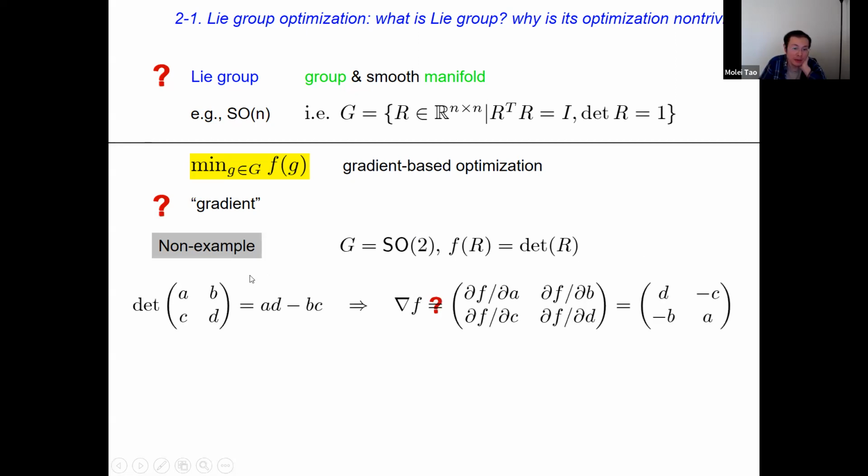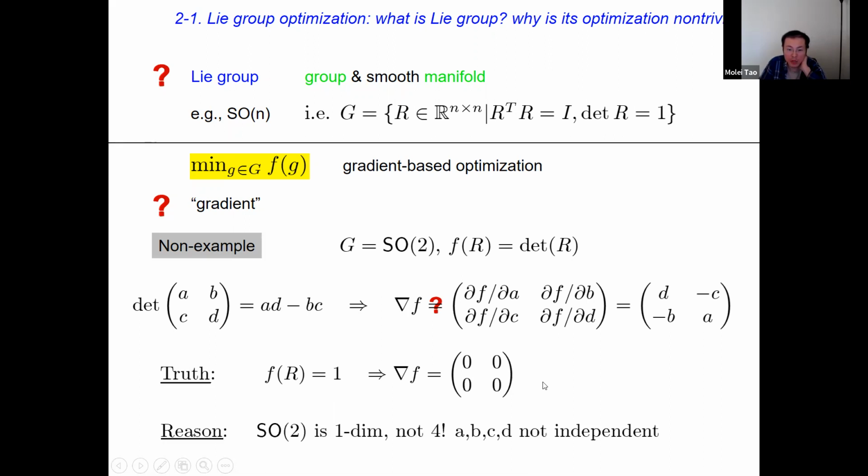A careless person may say, oh, everything's easy because you can compute the determinant, collect all the partial derivatives, and that's your gradient. But that's actually false. Special orthogonal matrices always have a determinant of 1, so f is 1 everywhere on the manifold. So the gradient should actually be 0. Why is there a discrepancy?